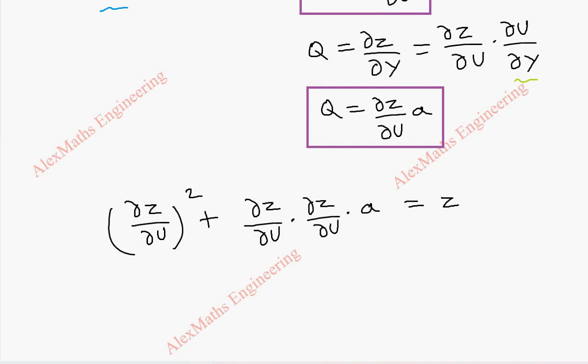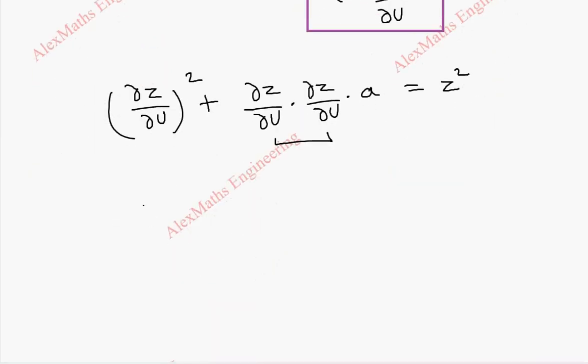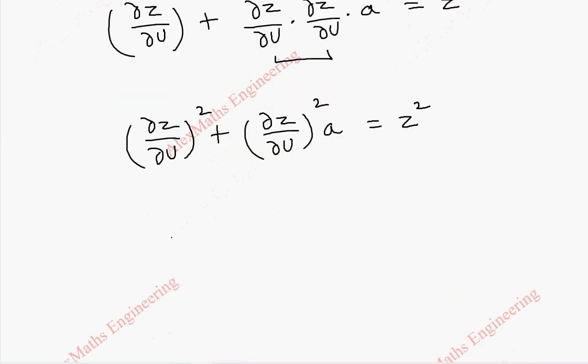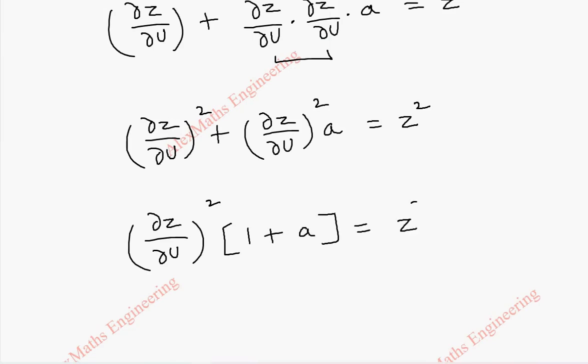Now the terms can be grouped: dou z by dou u whole square plus dou z by dou u whole square into a equal to z square. We can take dou z by dou u whole square common. We are left with 1 plus a alone, and on the other side it is z square.